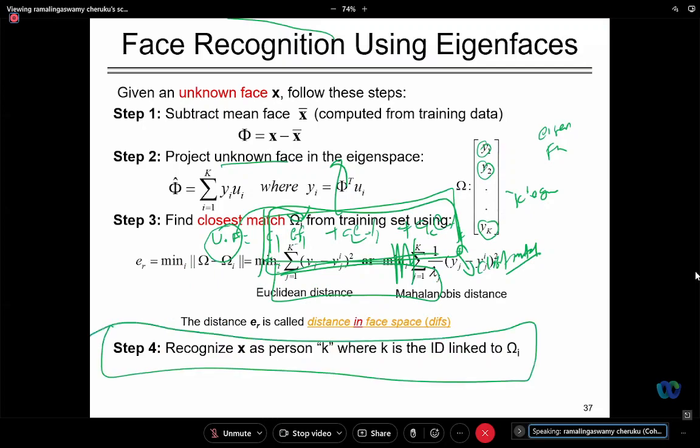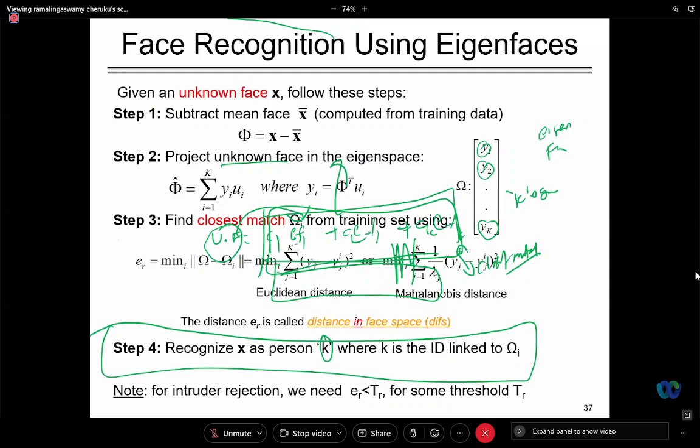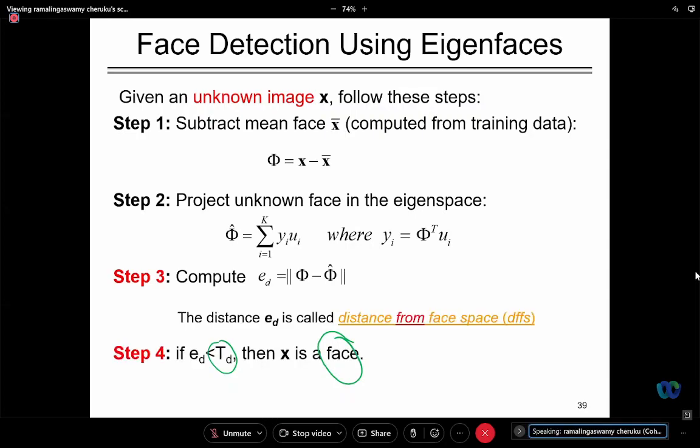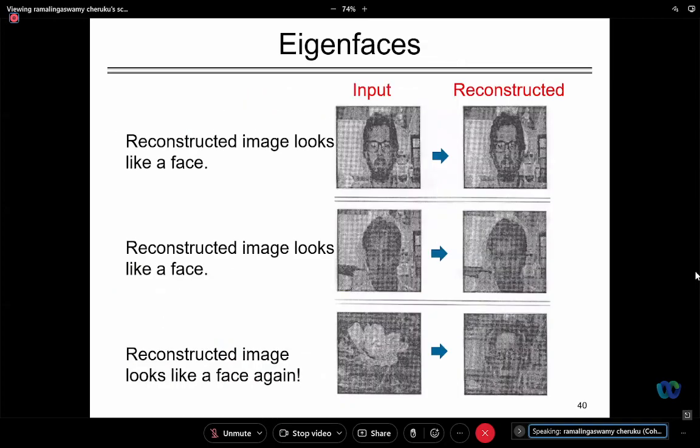Recognize X as a person K, where K is the ID linked to the sigma. Based on this K value, we can identify which person it is. For face detection, we put a threshold, and then X is qualified as a face. Once you detect this, you can apply face recognition.